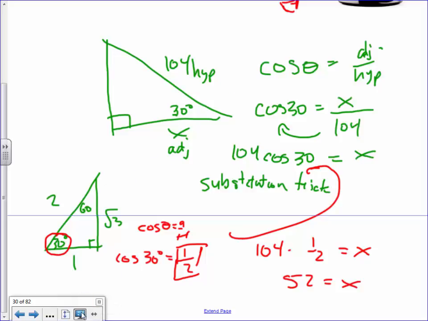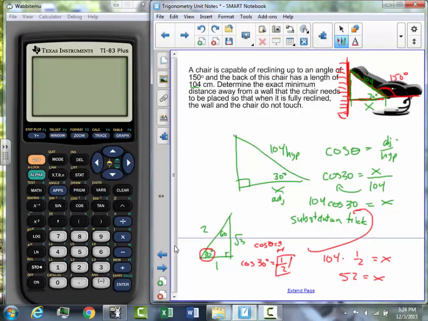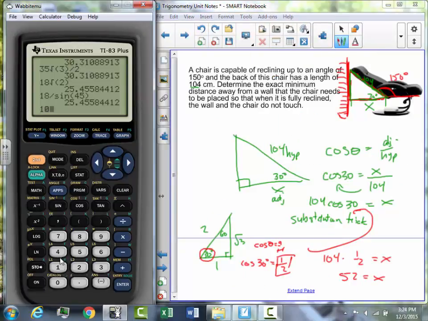But let's just double check. The spot at which we got stuck was 104 cosine 30. Isn't that one angle supposed to be 60 and then 30's on the top?